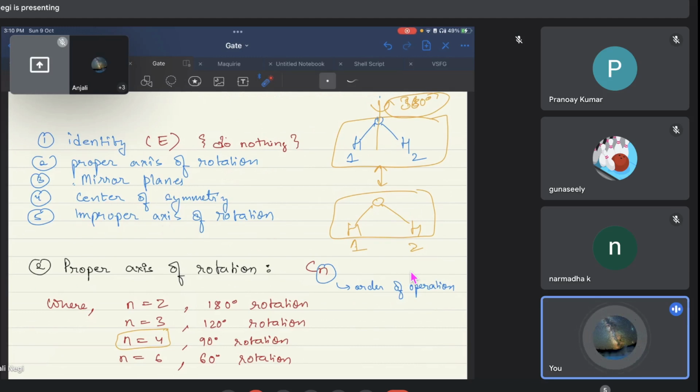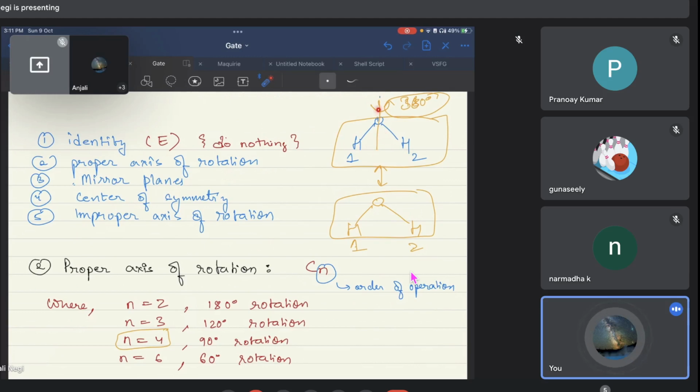For identity, you can denote it as capital E, and keep in mind that identity means doing nothing. For example, take this water molecule, with an axis passing through the oxygen atom, dividing the angle HOH and bisecting it.